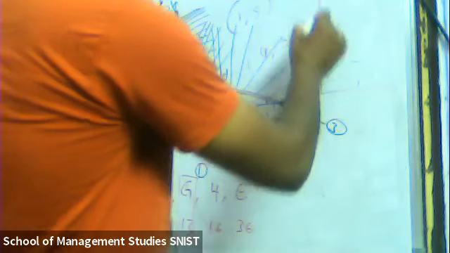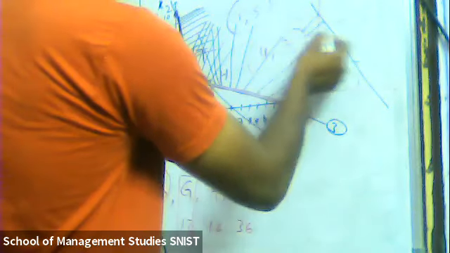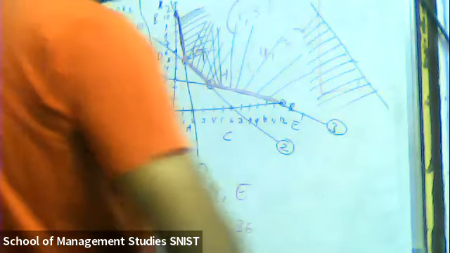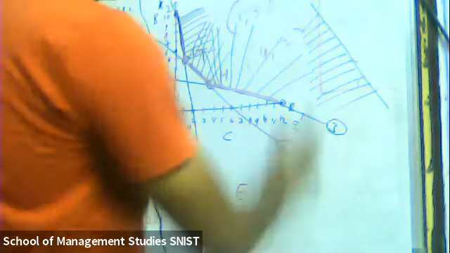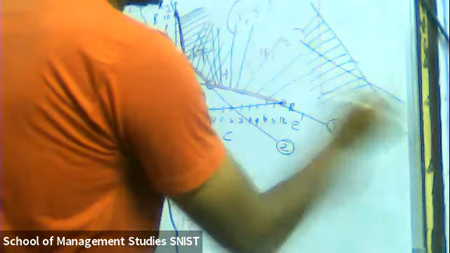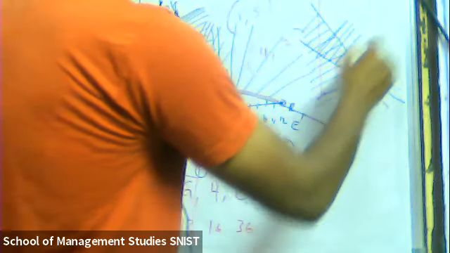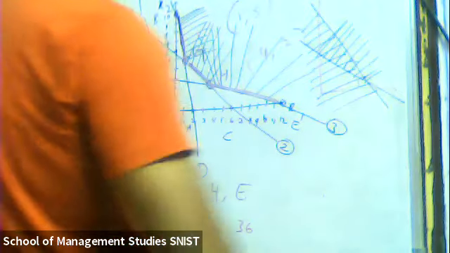Now, one constraint is less than or equal to, so I already got this line, which is towards the origin. One constraint is greater than, so I got a line like this, away from the origin.